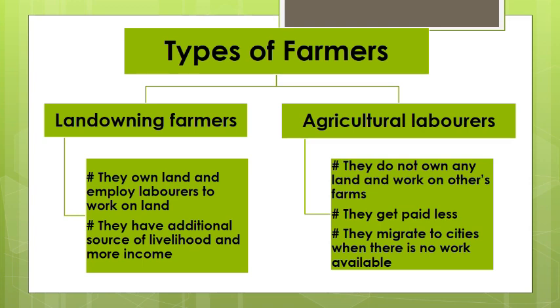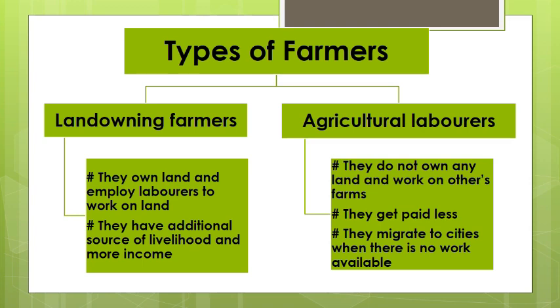On the other hand, agricultural laborers do not own any land and they are the people who work in the farms of these land-owning farmers or sometimes do other work as well. These agricultural laborers get paid less for the work that they do in the fields of the land-owning farmers.